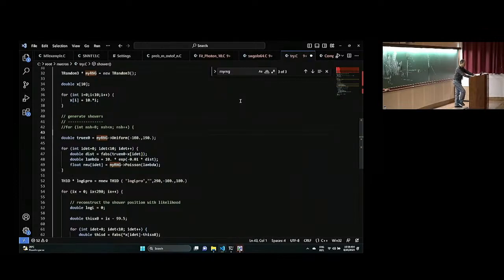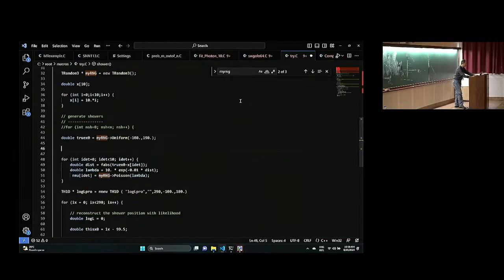And okay, so for each detector now, I compute the distance from that point of the shower of each detector. And this allows me to compute a flux, which is this model here. And I compute then the number of particles seen, which I can actually declare externally, as a Poisson of lambda.